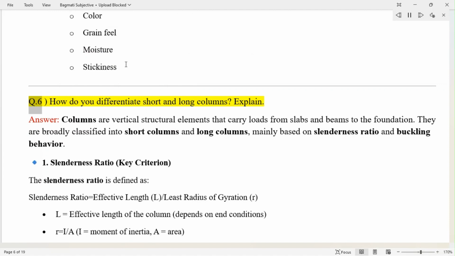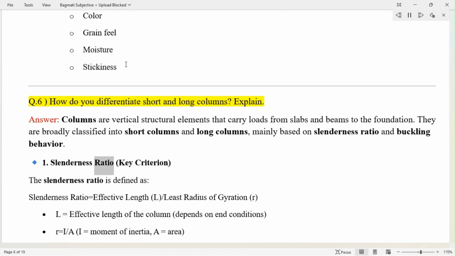6 marks: how do you differentiate short and long columns? Explain. Answer: columns are vertical structural elements that carry loads from slabs and beams to the foundation. They are broadly classified into short columns and long columns, mainly based on slenderness ratio and buckling behavior. 1.